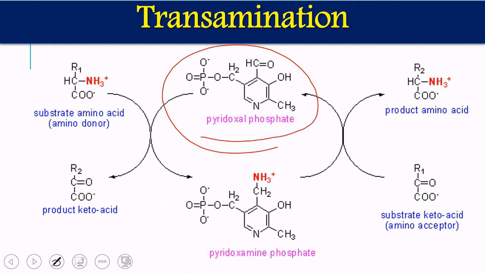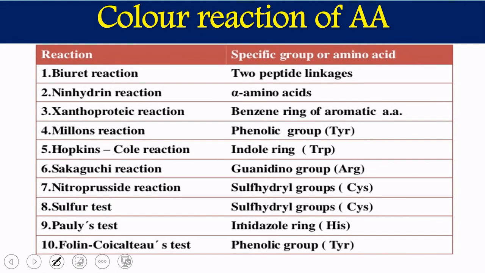The ammonia is not directly transferred to the keto acid, but requires an intermediate. Ammonia will first be transferred from the amino acid to pyridoxal phosphate, and then pyridoxal phosphate transfers the amino group to the keto acid. So this is transamination reactions. We will have a separate detailed video on that.